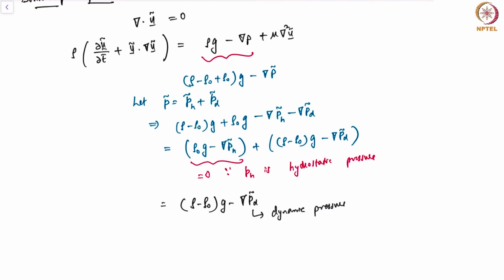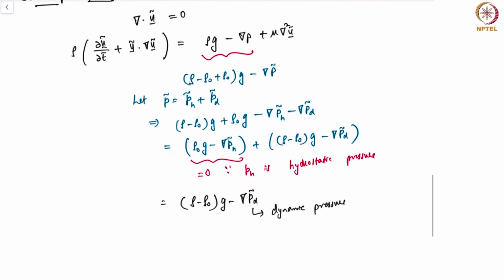Now if we substitute this into the equations, then we clearly see that the gravity term now is rho minus rho naught times g, which tells us that the buoyancy term becomes important only when the density varies from its mean or constant value rho naught.